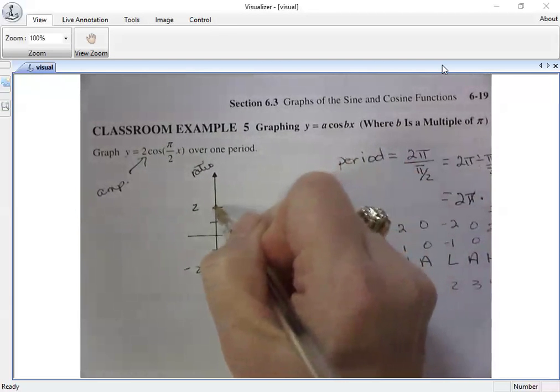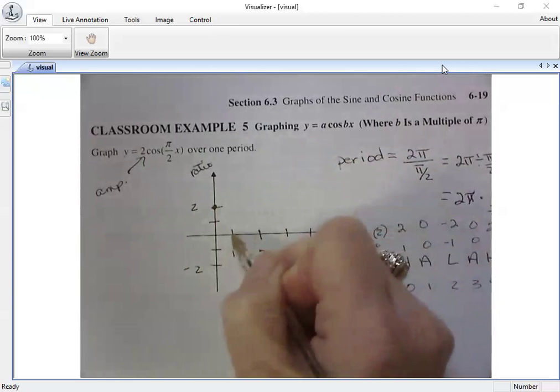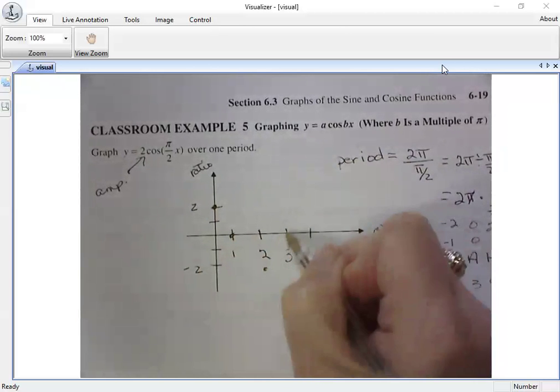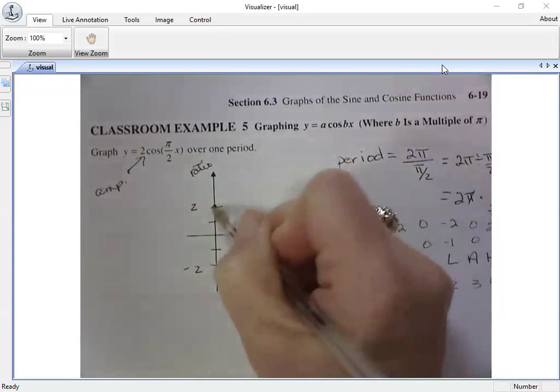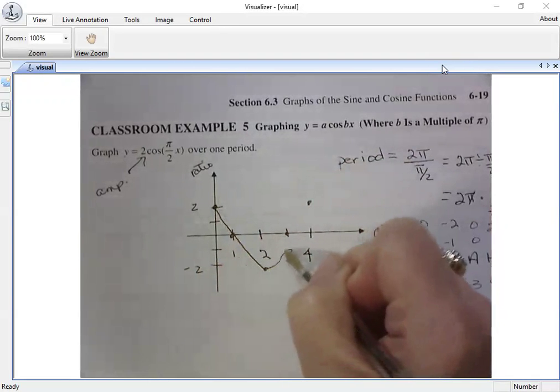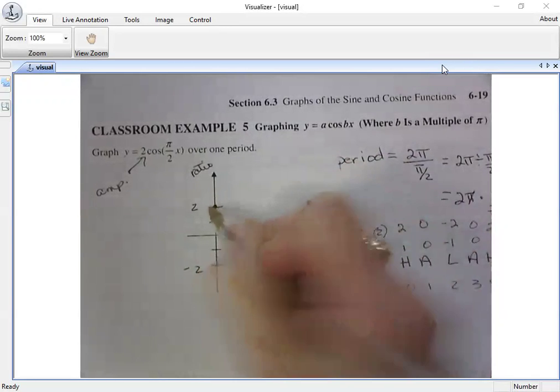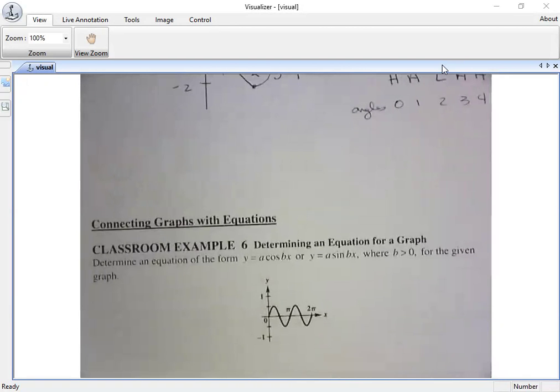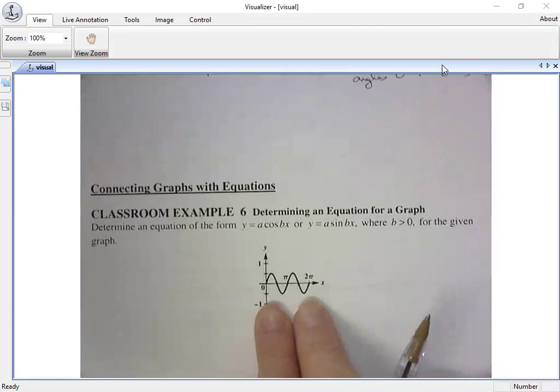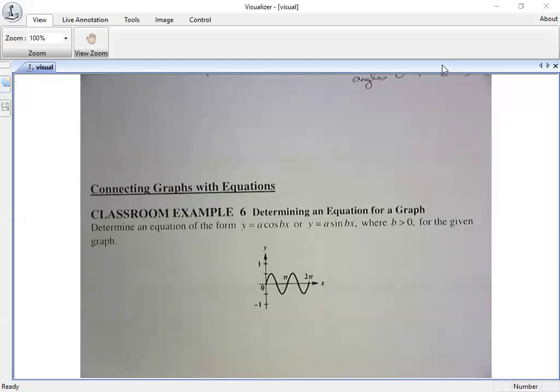So we did get these points on here, got this graph sketched, and that's 1 period of this cosine curve. Now, this is asking us to come up with the equation that would fit this particular graph. And notice it says it could be a cosine or it could be a sine.